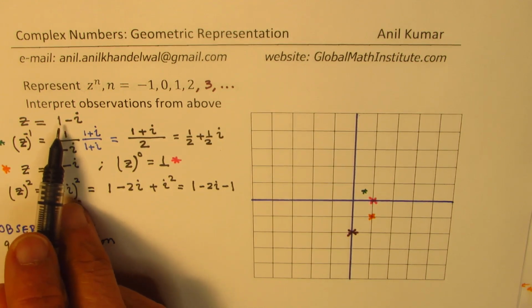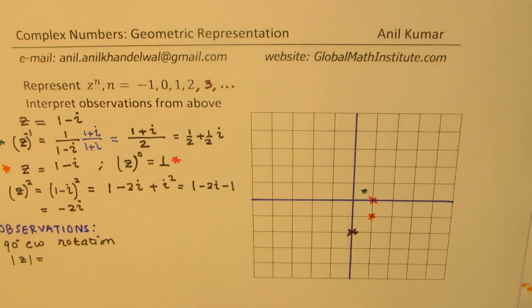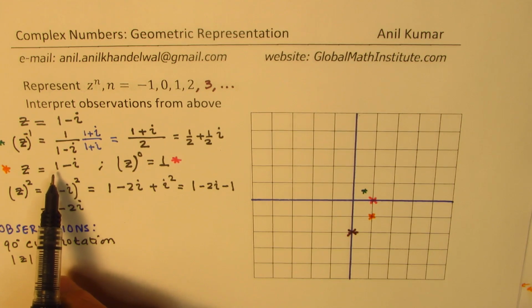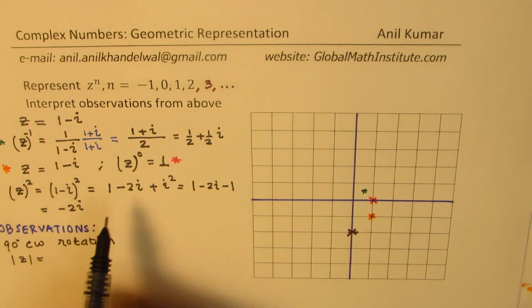So square root of 1 plus 1. As we are seeing, the magnitude of z is basically the square root of a squared plus b squared, right? Which is square root 2.